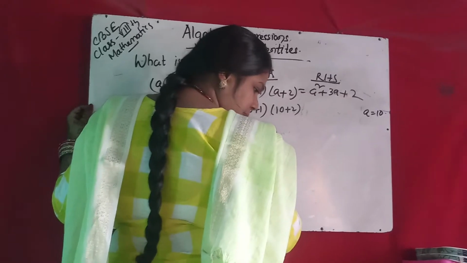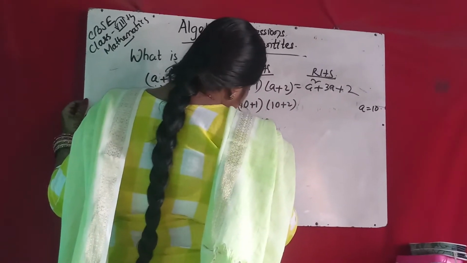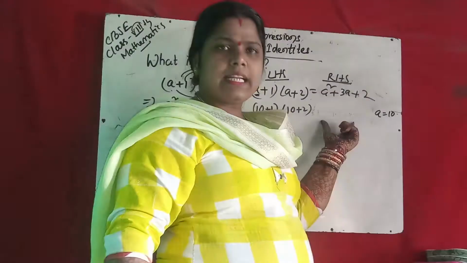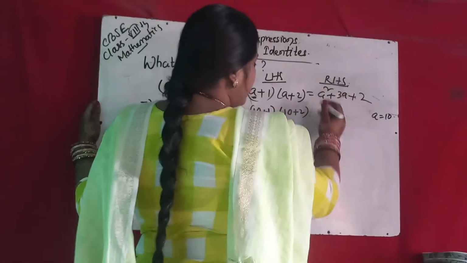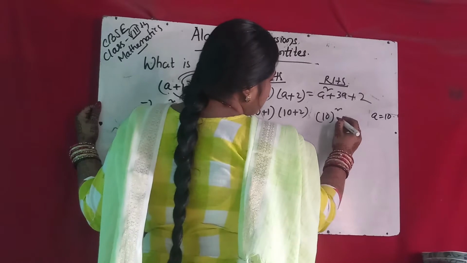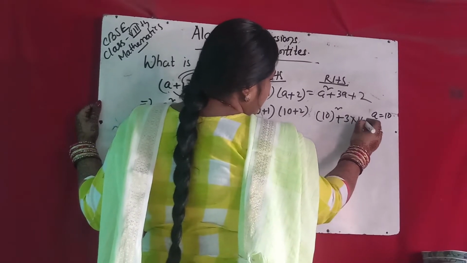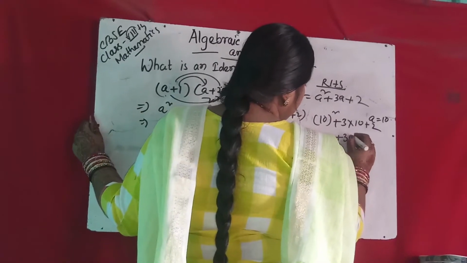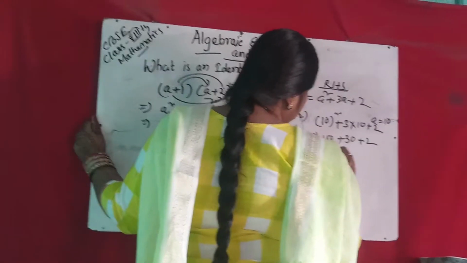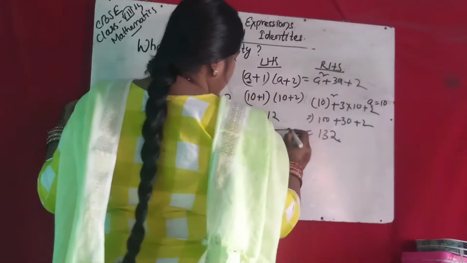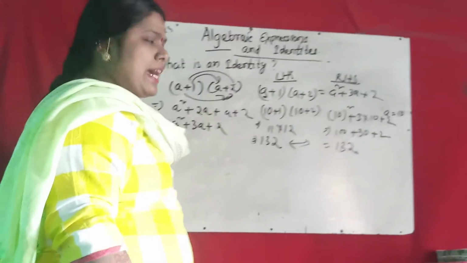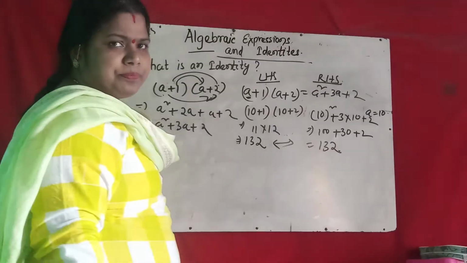Your answer is 132. Again the same value we put in the RHS also. Here a square means 10 square plus 3 into 10 plus 2, that is 100 plus 30 plus 2, 132. So LHS and RHS both are equal.